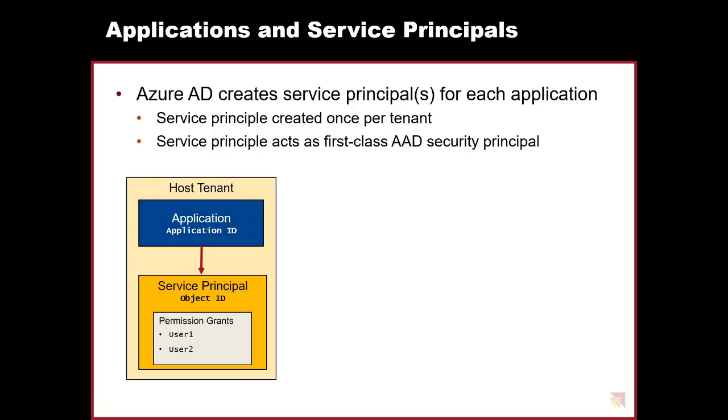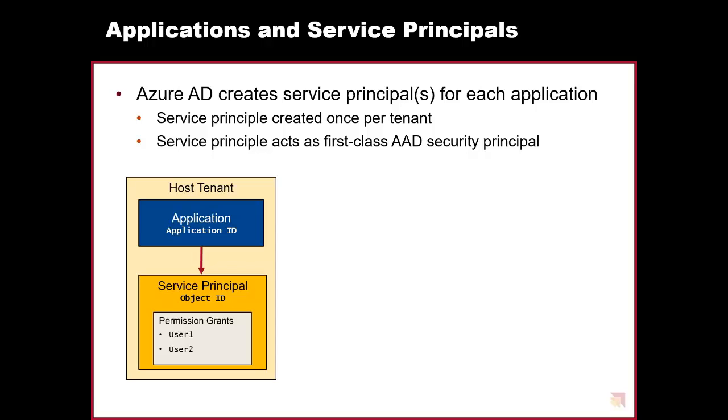Now, another thing we want to talk about is this big difference between the application and a service principal. Now, when you install an application, you get an application ID. And even if you create an application that's multi-tenant, when you go to those other tenants and they want to refer to your application, they use the same application ID. However, when we have a multi-tenant application, you need something which is called a service principal because we need something which is a tenant-specific representation of the object.